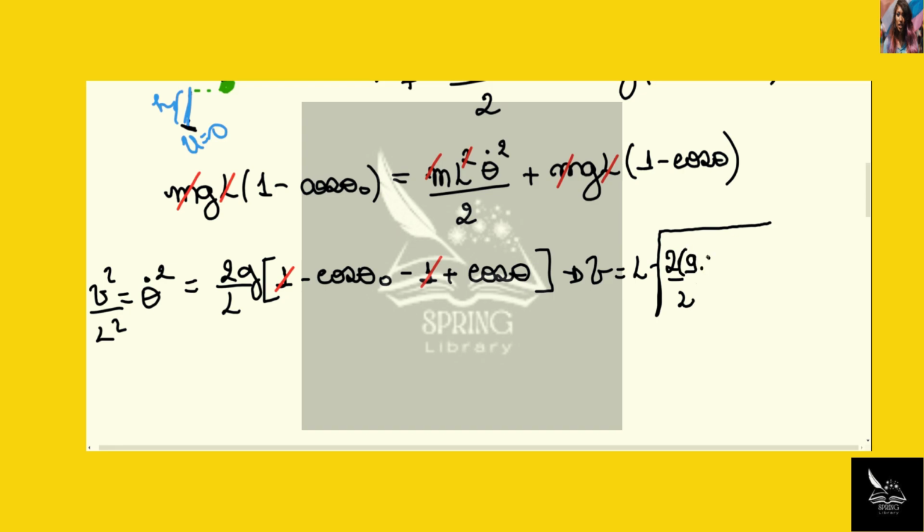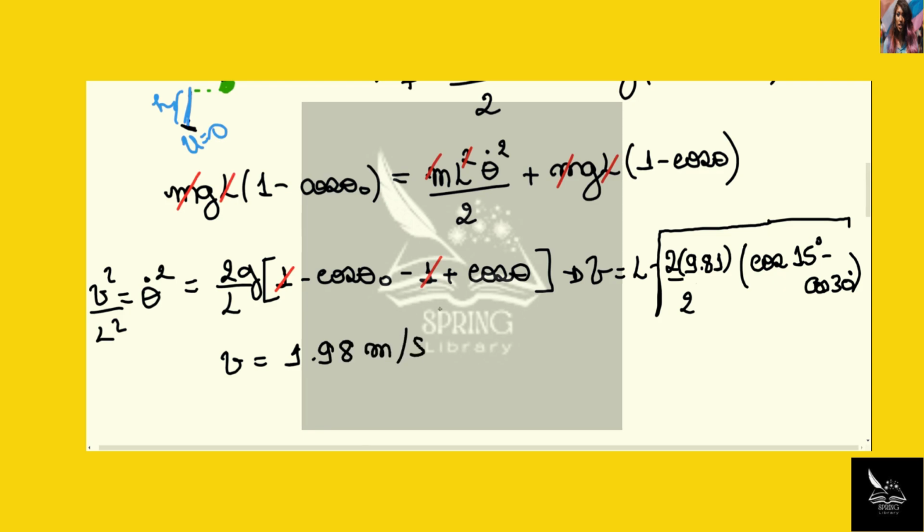So 2 times 9.81 divided by 2 times cosine of 15 degrees minus cosine of 30 degrees. Okay? Doing this calculation, we're going to find that the velocity is going to be 1.98 meters per second.